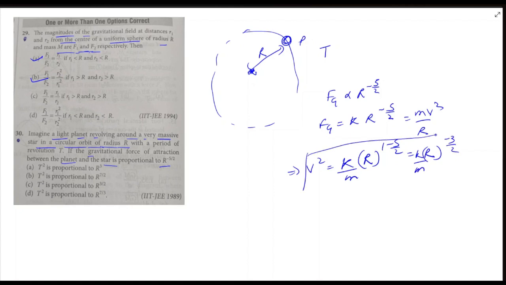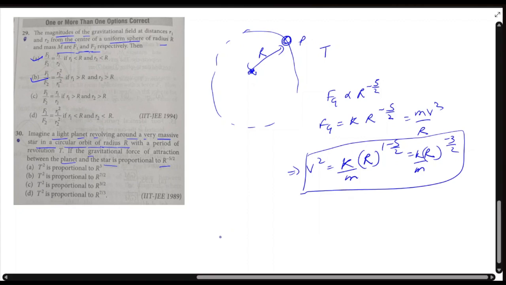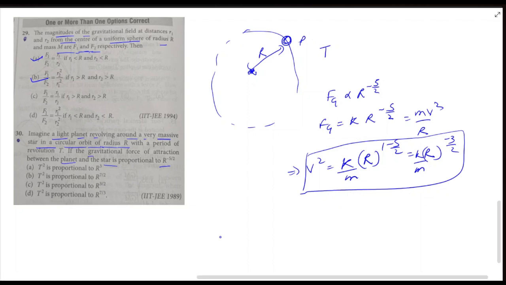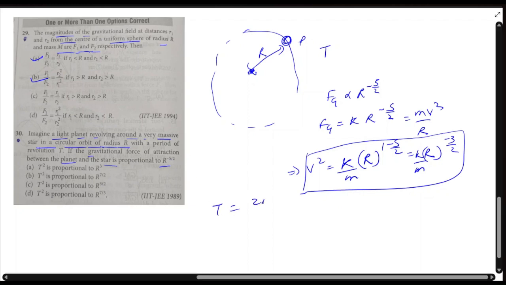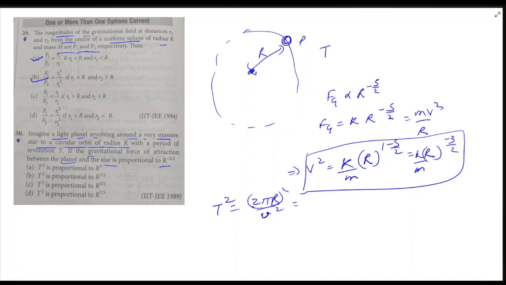So this is our v square, right? Now if I want to find the time period, the time period was 2 pi r by v, and we have to find what T square is proportional to. So let's square them. So this is some constant.